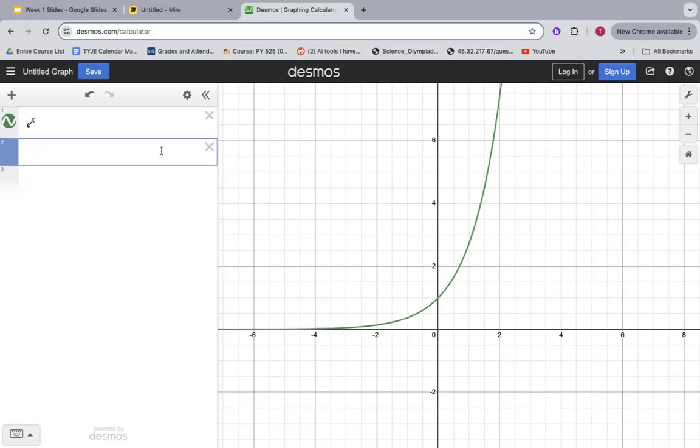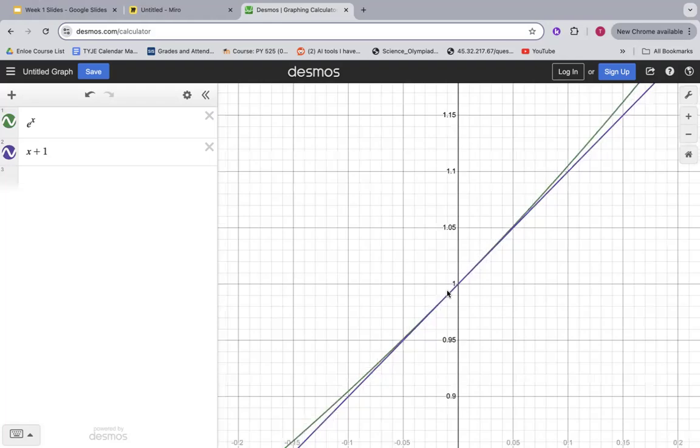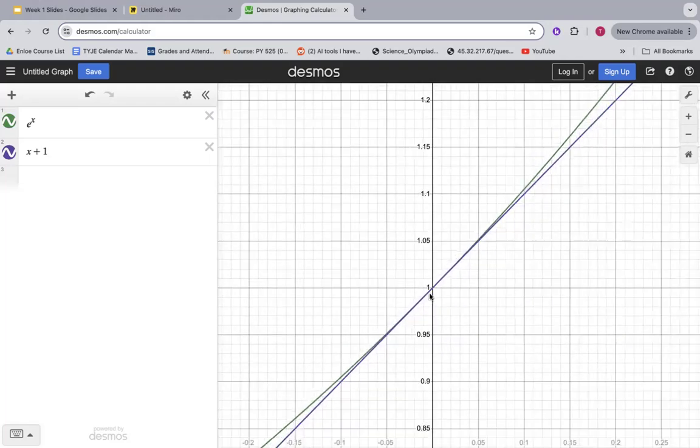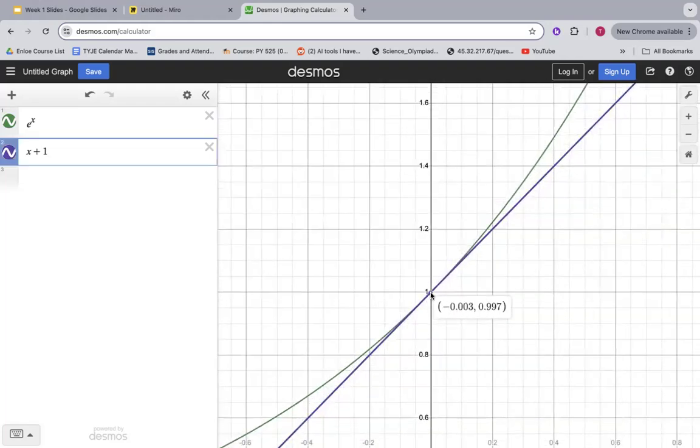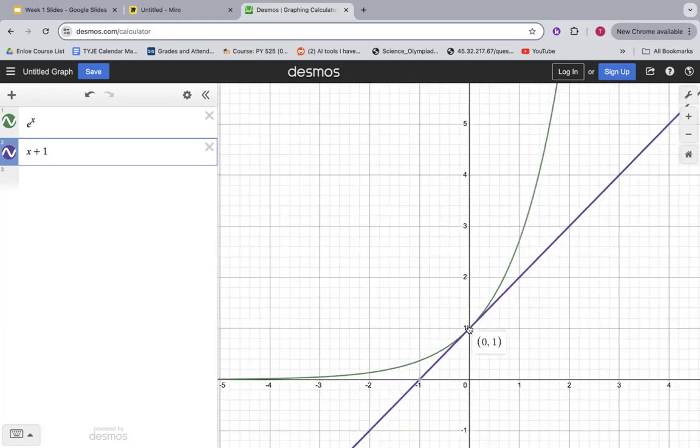And I can show that to you by plotting the tangent line, which is just y equals x plus 1. So we see here, no matter how much I zoom in, these two never intersect, because they intersect at exactly 1 point. So this line barely touches the exponential function, and it has a slope of 1. And that's what the derivative here shows us. Since the derivative of e to the x is e to the x, we get a value of 1.